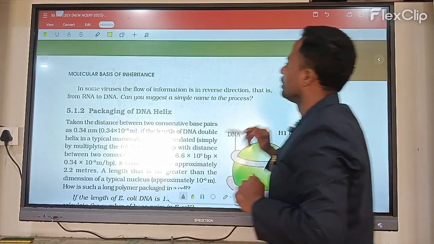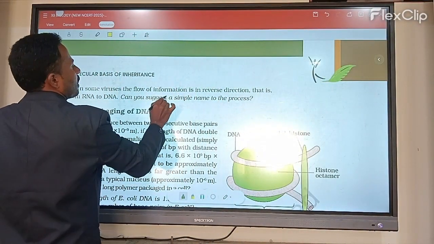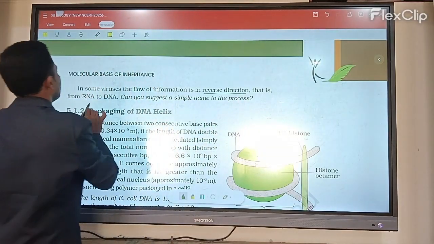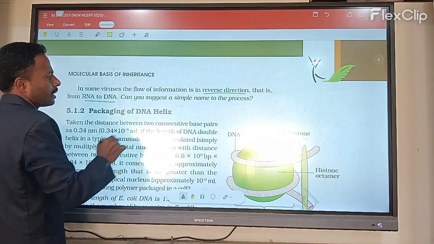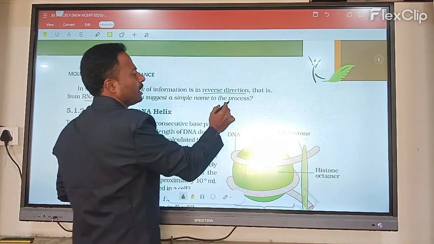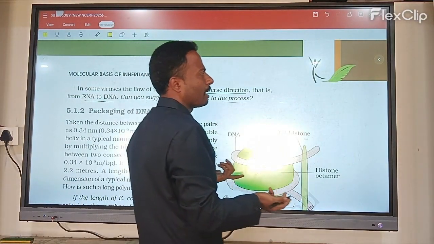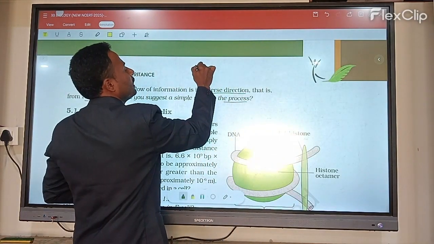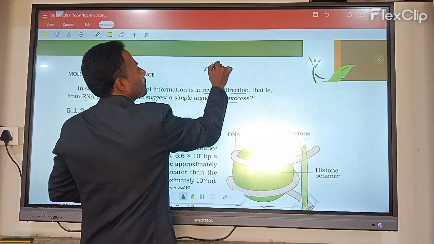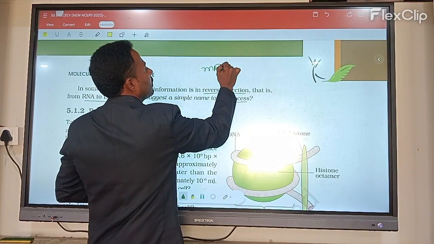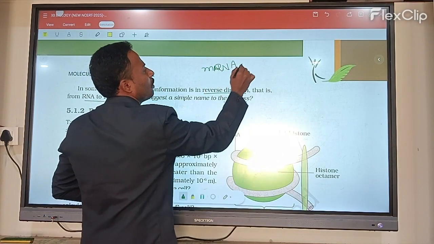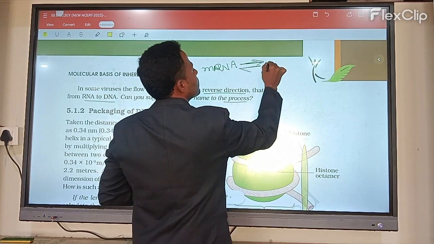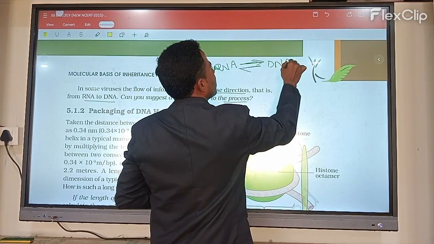Here is the given question: some viruses follow the information flow in the reverse direction, that is RNA to DNA. Can you suggest a simple name for the process? See here what happened. Reverse transcription means here the RNA is used and DNA synthesis takes place.